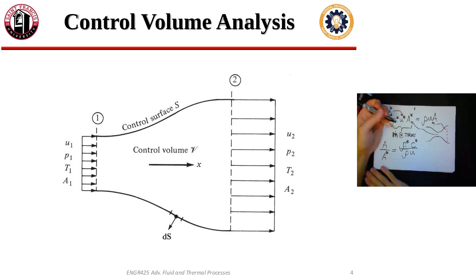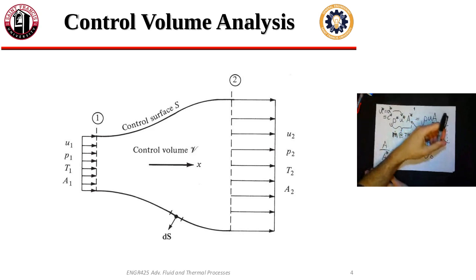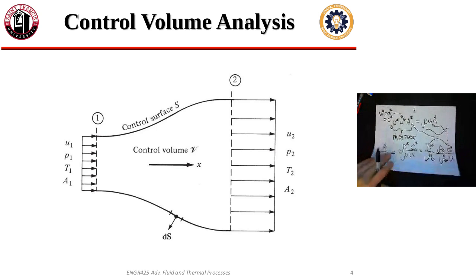Okay, so we got that. If we expand this using the isentropic relations, we get something that looks like this in terms of our stagnation densities, which, because we're isentropic, shall remain constant.